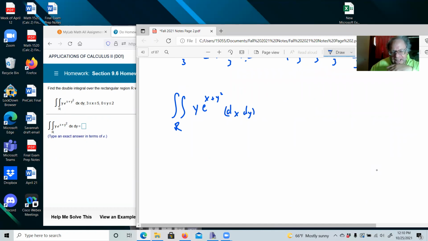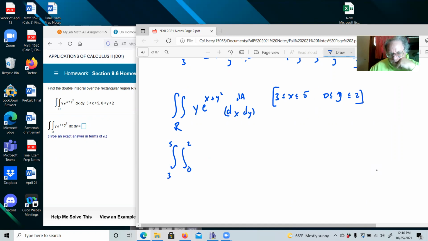We could really say dA here because it's really up to us how we want to do this. 3 to 5 and 0 to 2. Because we have an e in the thing here, I don't think this is going to help us. Okay, let's do y first. So this is 0 to 2, 3 to 5.